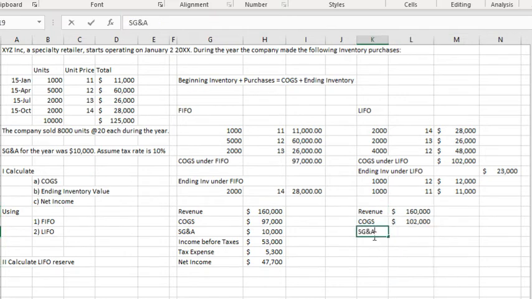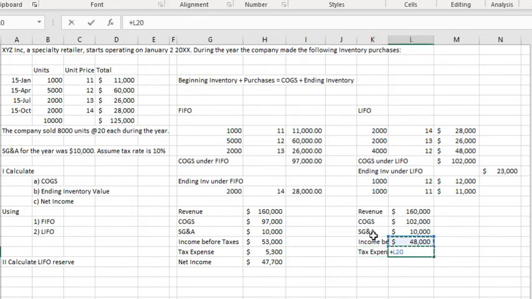SG&A is not going to be impacted by it, so it's still $10,000. And then we have income before taxes, revenue minus cost of goods sold minus SG&A. Then we have our tax expense.